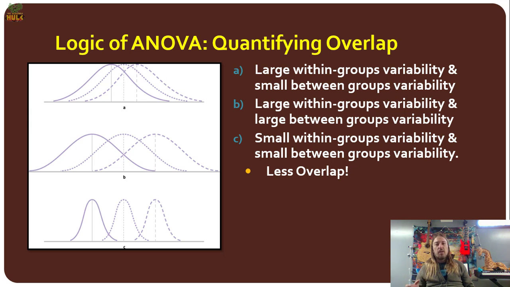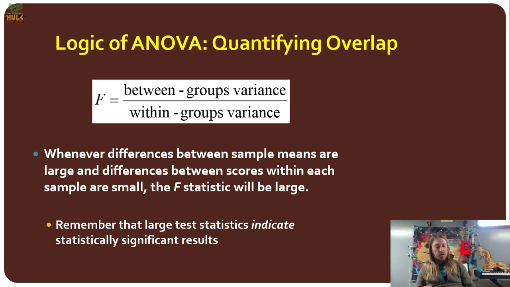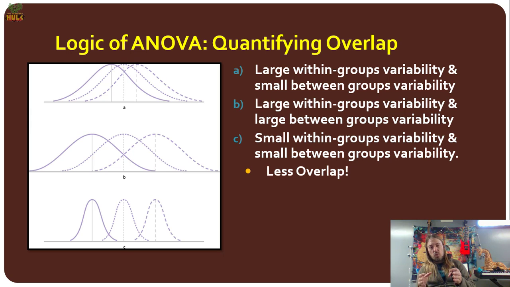In the second group, we keep the exact same measure of within-group variability, right? Each group's still relatively spread, but we increase the between-groups variability. And you can see far less overlap in this case. And then the last situation where we have very small within-groups variability, and we then have reasonable, let's say moderate to large between-groups variability.